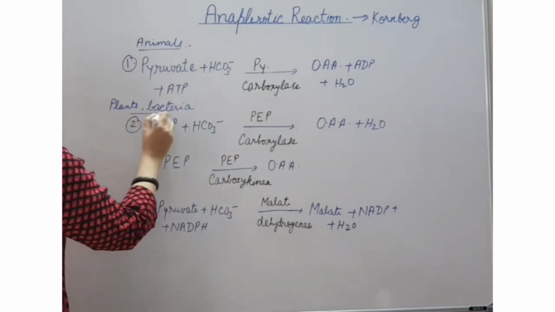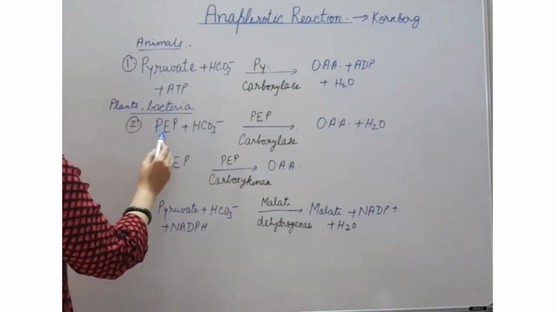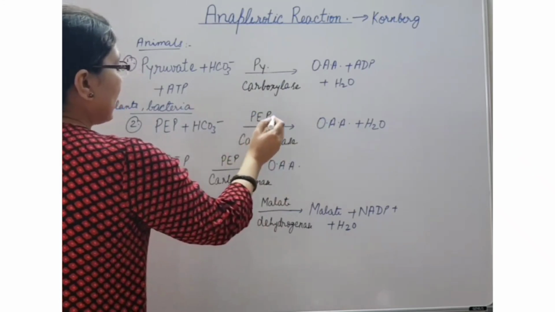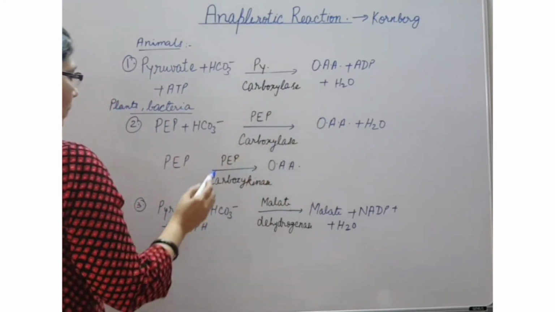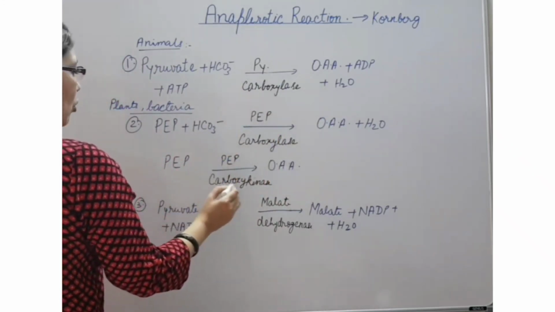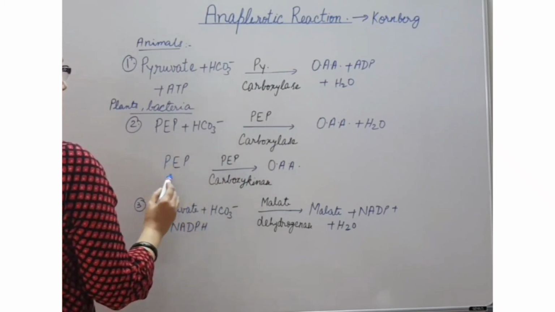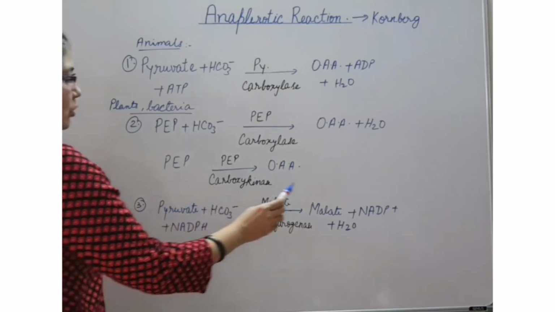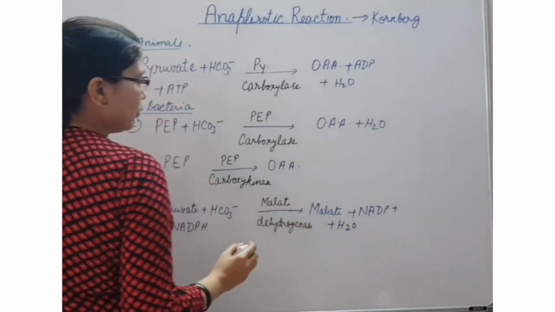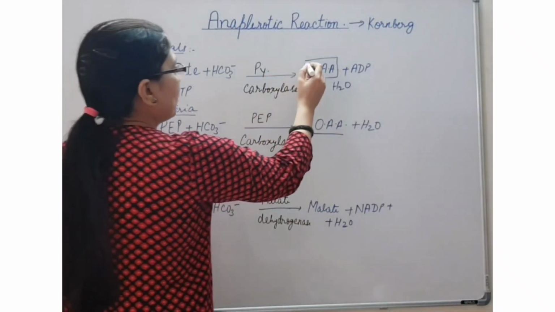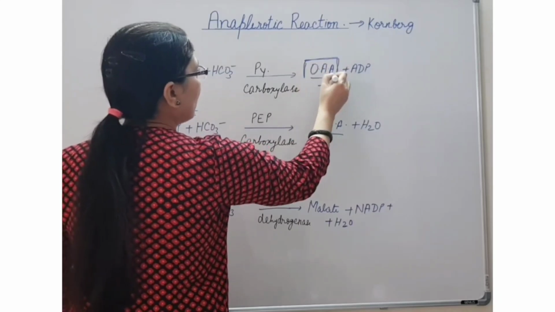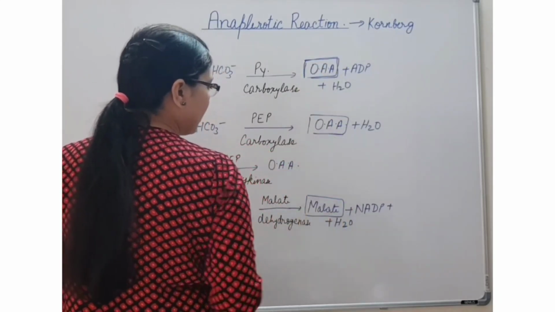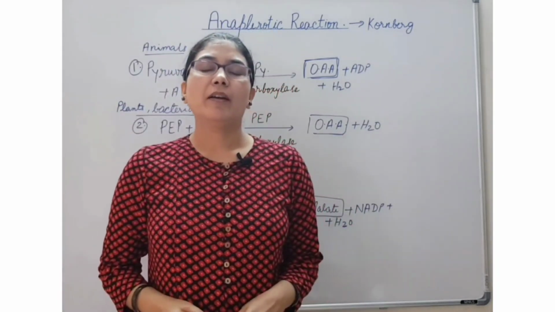In plants and bacteria, phosphoenol pyruvate is converted into oxaloacetate, catalyzed by the enzyme PEP carboxylase. Similar enzyme PEP carboxykinase also converts PEP into oxaloacetate. Pyruvate is converted into malate by malate dehydrogenase. And then these reactions replenish intermediates like oxaloacetate and malate in the Krebs cycle. So this is all for Krebs cycle.